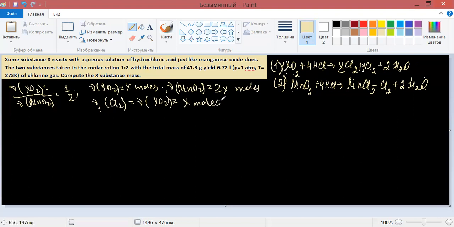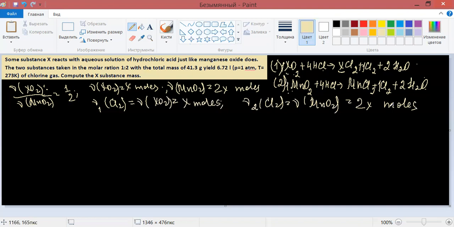If we follow the same logic in the second reaction, the coefficients before manganese oxide and molecular chlorine are the same, so the amount of chlorine in the second reaction is the same as that of manganese oxide, and that means twice x moles.